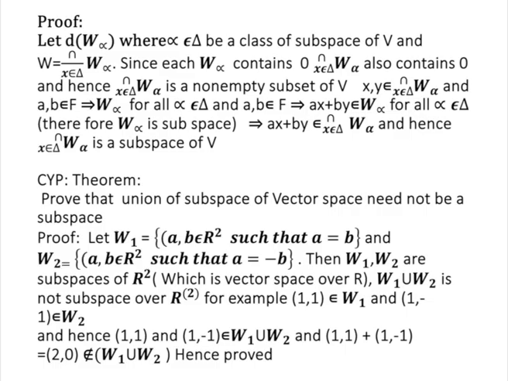Hence ax plus by belongs to the intersection, and therefore the intersection of W alpha is a subspace of V.